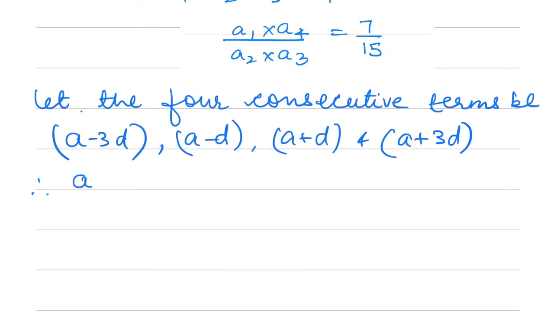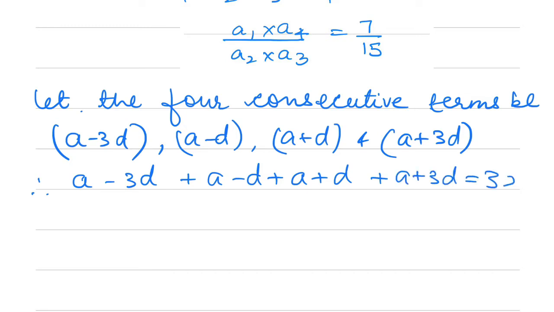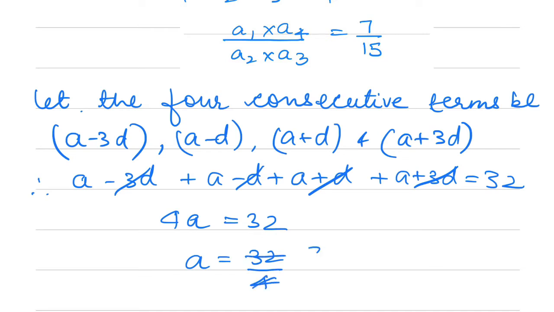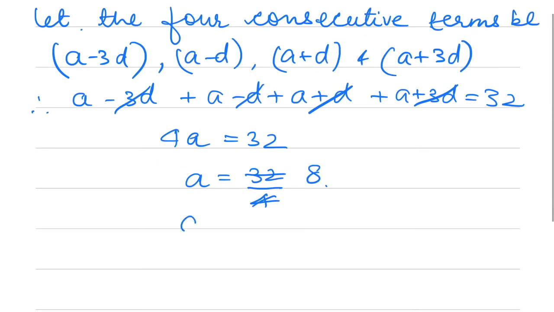So I can write a minus 3d plus a minus d plus a plus d plus a plus 3d is equal to 32. So plus 3d minus 3d gets cancelled and minus d plus d gets cancelled. So we have 4a is equal to 32. So a is equal to 32 by 4, so a is equal to 8.